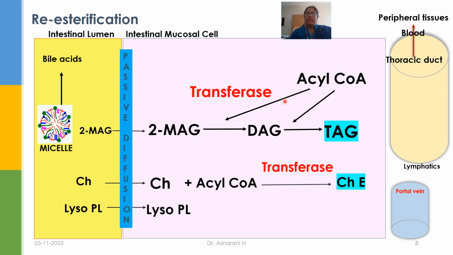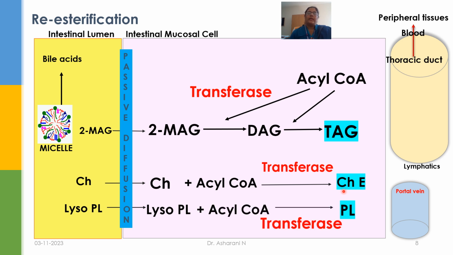The same acyl-CoA, that is the activated fatty acid, can bind to cholesterol to form cholesterol ester, or it can bind to lysophospholipid to form phospholipid. If you observe, all the enzymes are transferases.